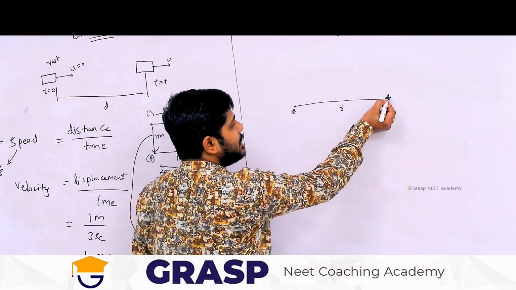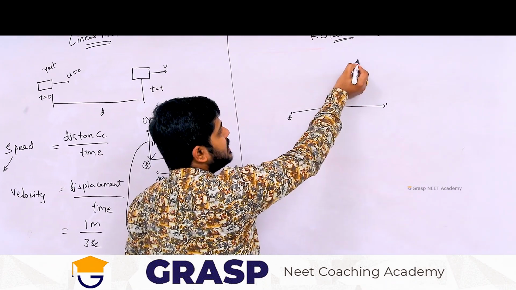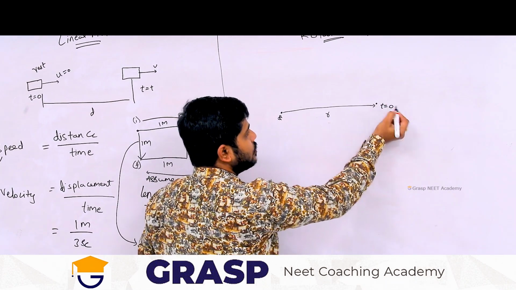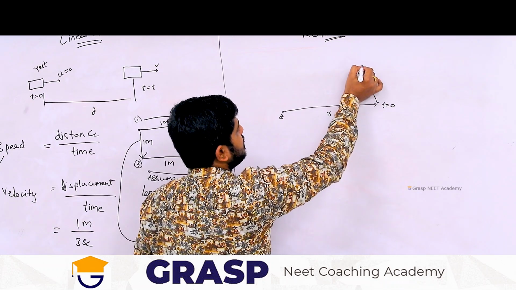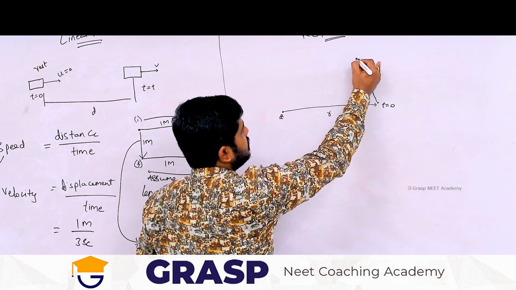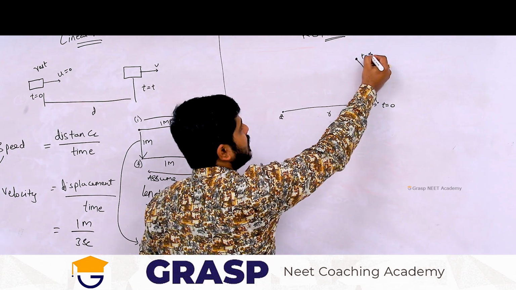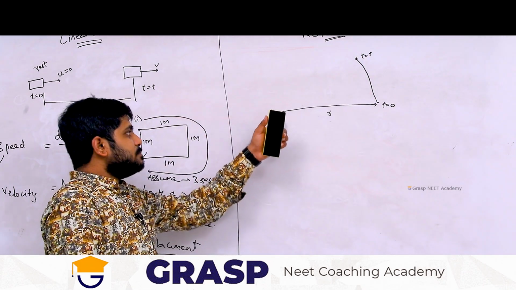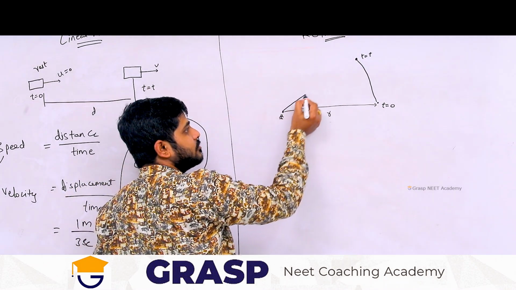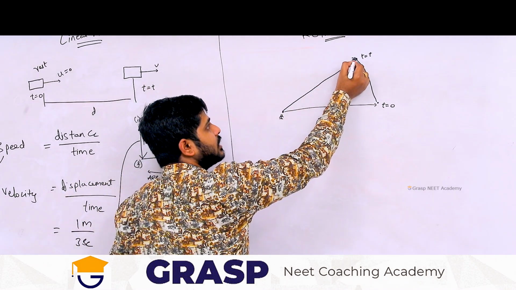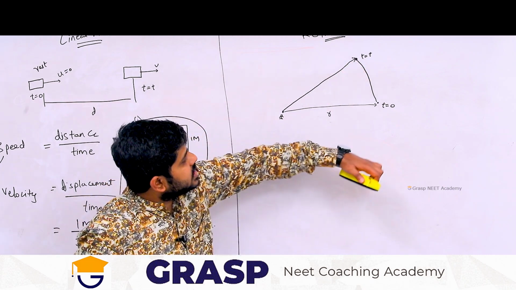At t equals 0 the particle is here, and after some time t, it will be traveling like this and will be at this position with respect to this observer. So how much did it turn?